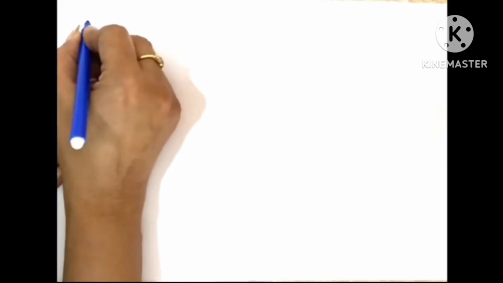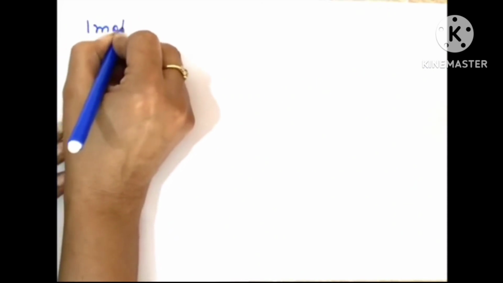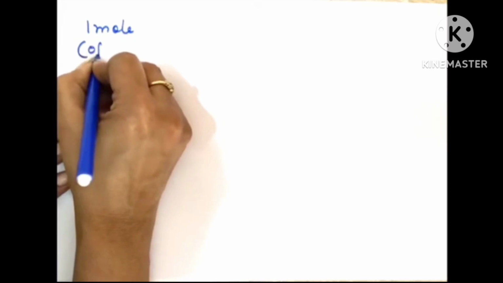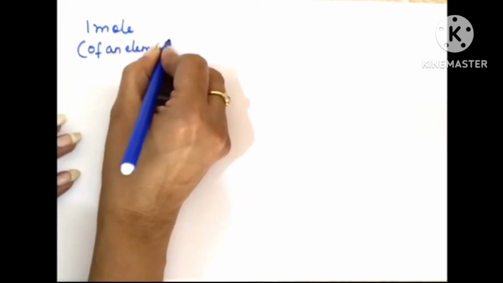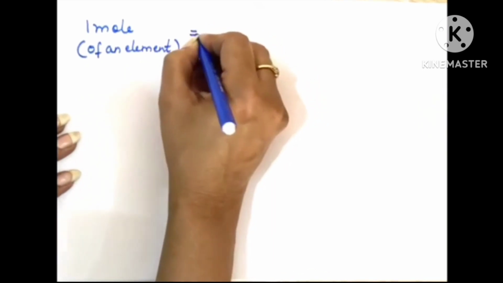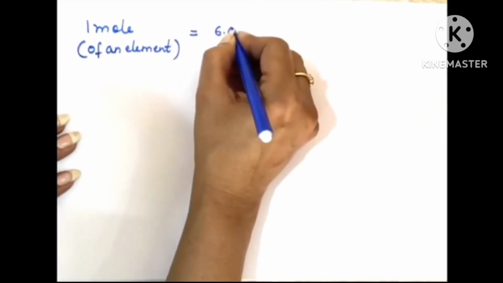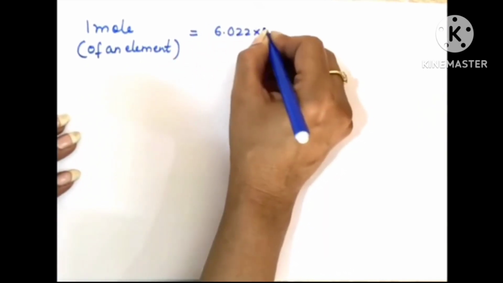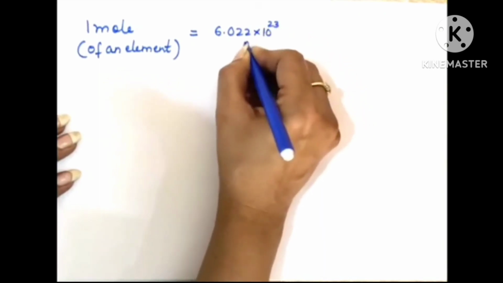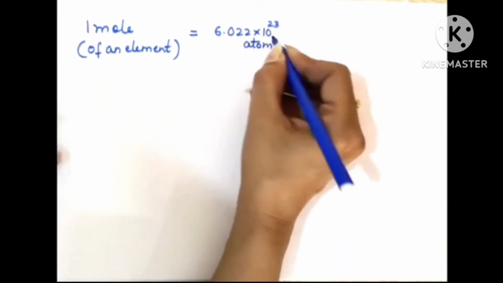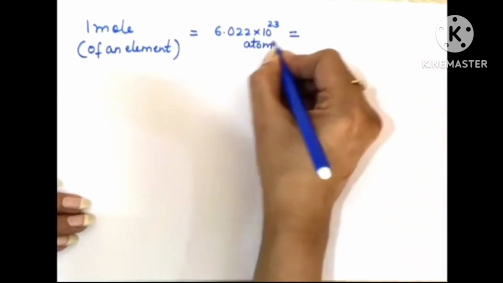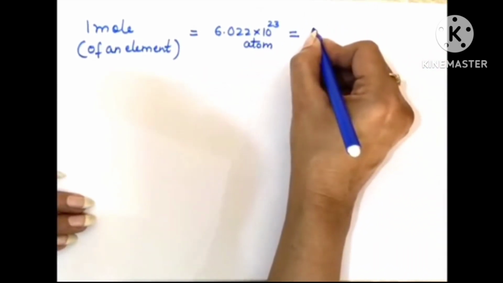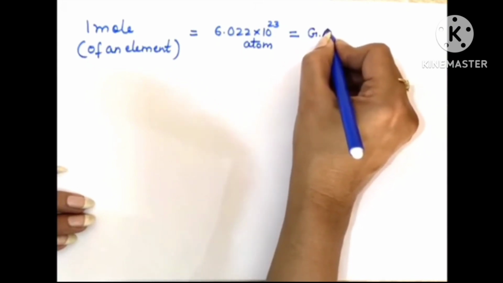Now I am combining the whole mole concept. I am writing 1 mole of an element. If we are talking about 1 mole of an element, that means in that there are these many atoms. Any element, 1 mole will always have these many atoms in it, and the mass of these many atoms is known as gram atomic mass.